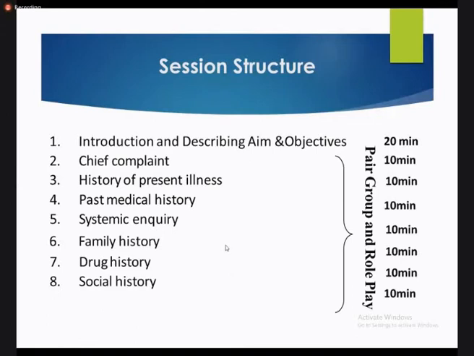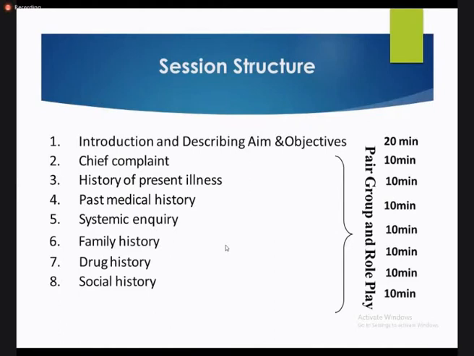Before going on towards the history taking, I would like to tell some informative things about the importance of history taking. In the history of a medical career, it is very important to understand the techniques, the pros and cons, the micro and macro manipulations that are required, the tips and tricks that are required for the art of history taking.